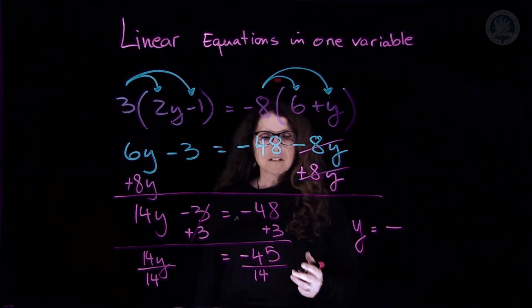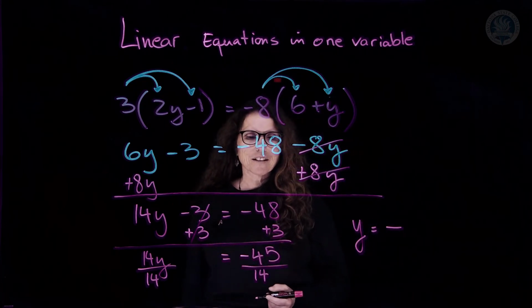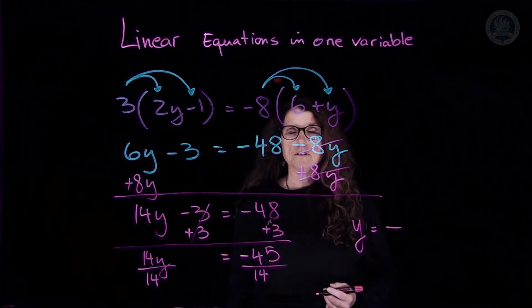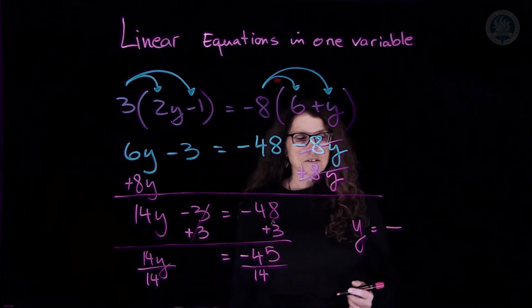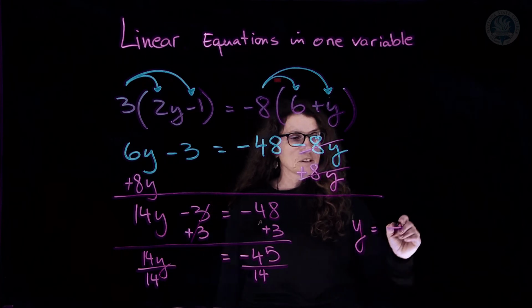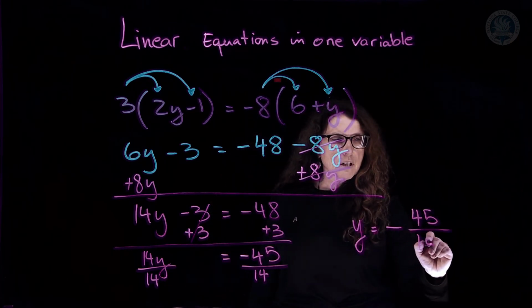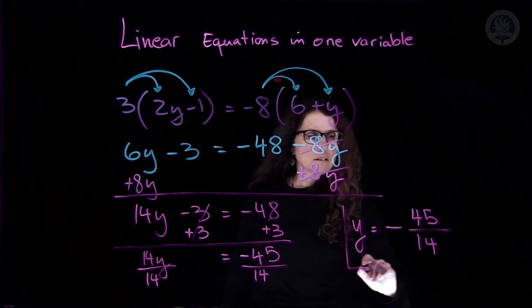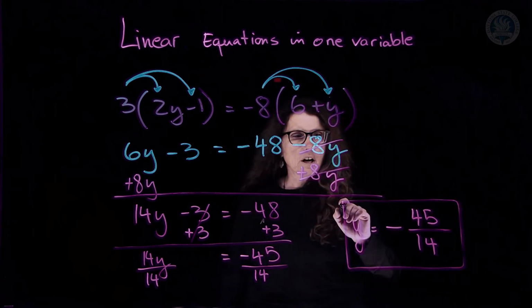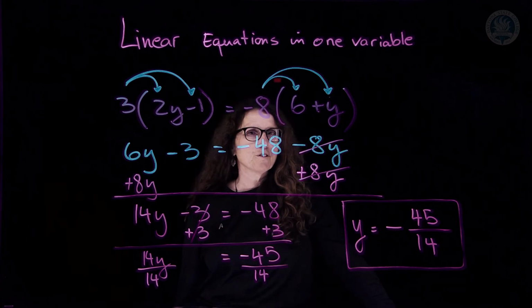So that means we leave our answer as negative 45 over 14. You do not have to change it to mixed numbers. Please no decimals. Leave it in improper fraction form. The answer is y equals negative 45 over 14.